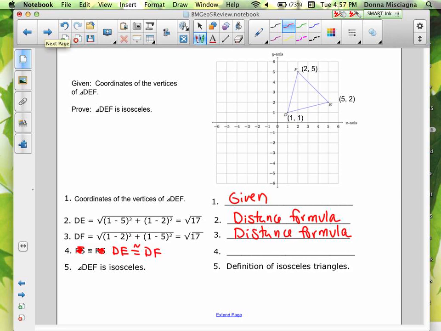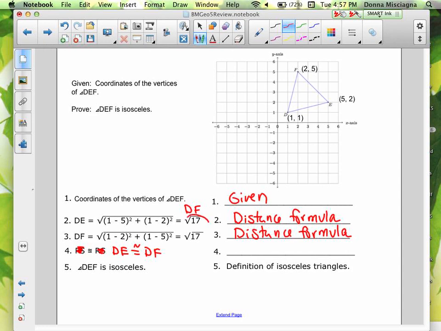All right, so why do we know that DE is congruent to DF? Well, if they're both equal to the square root of 17, they're both equal to one another. So we can either use substitution. If DE is equal to the square root of 17, and DF is equal to the square root of 17, we can replace the square root of 17 with DF.